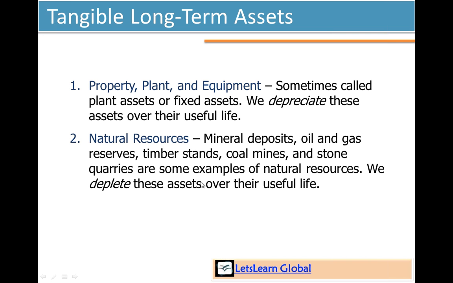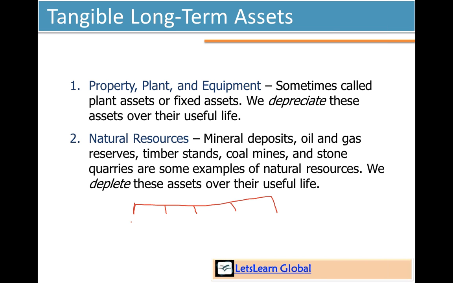Natural resources. You may acquire some land for extracting coal or gold, etc. In that case, you will have a landlord. The landlord will give you the land for, say, 5 years. During the 5 years, you will extract the natural resources, and this land is to be handed over to the original owner.